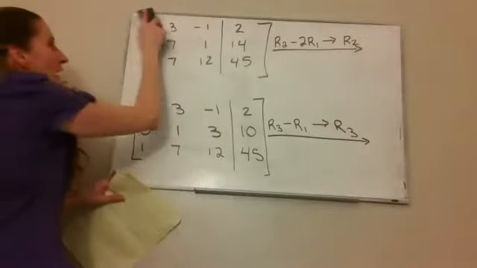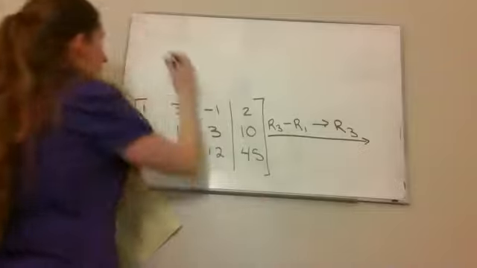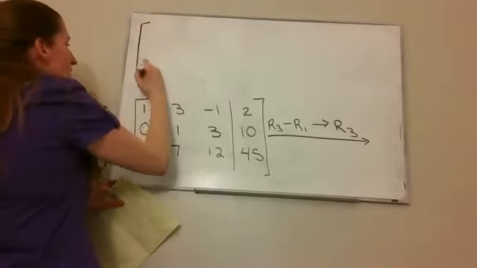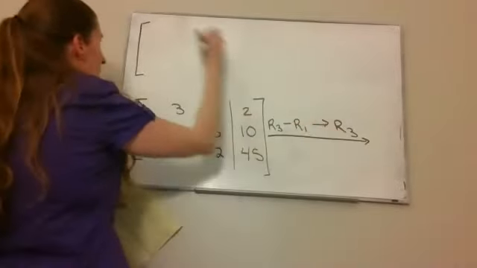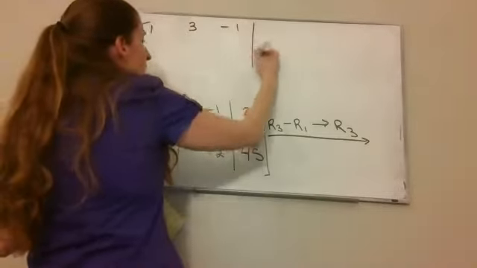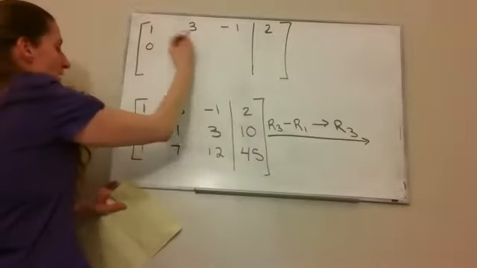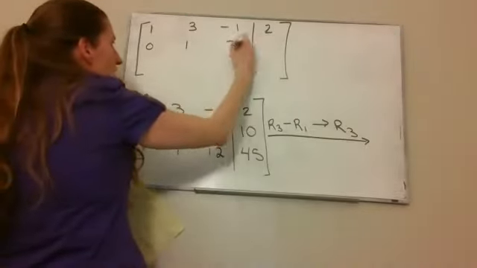So let's try that row operation. Notice in that row operation, the only row that's changing is row 3. So again, I can fill in my row 1 and my row 2 because I know they're not changing with this operation.